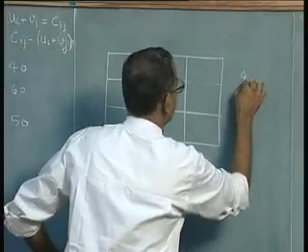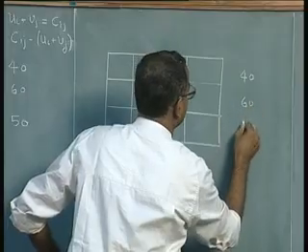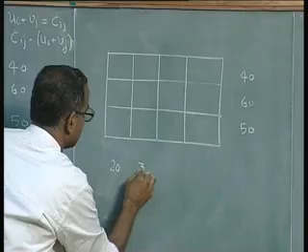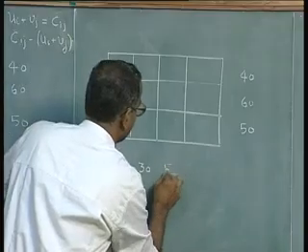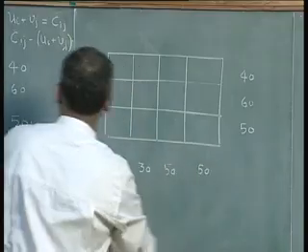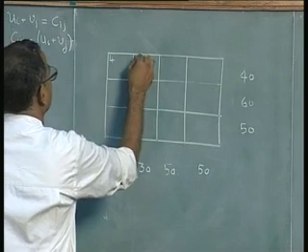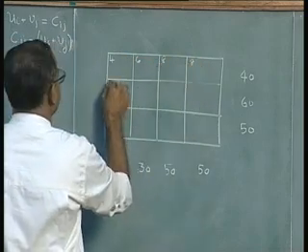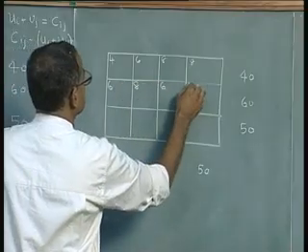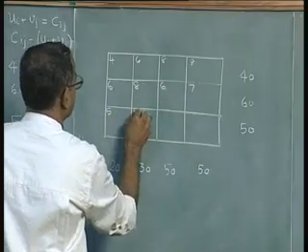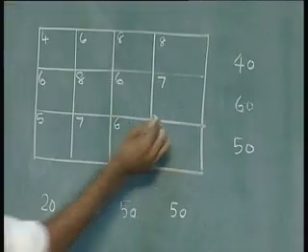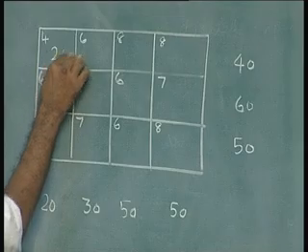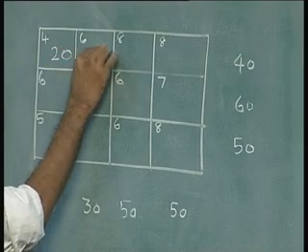The new basic feasible solution would have a 20 here, 20 here.